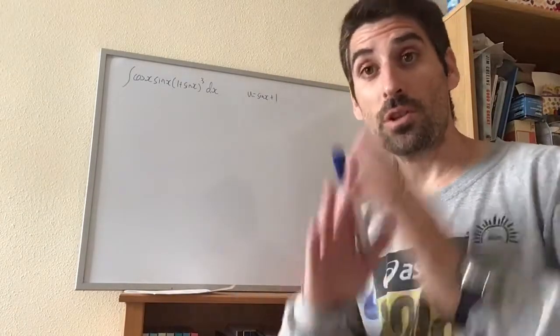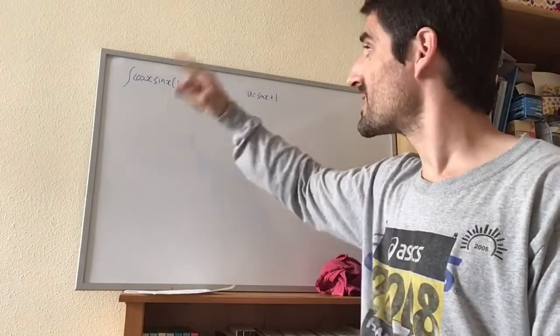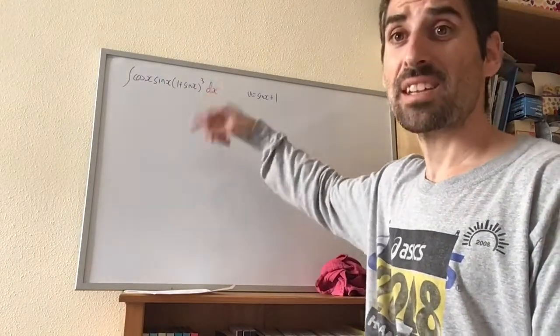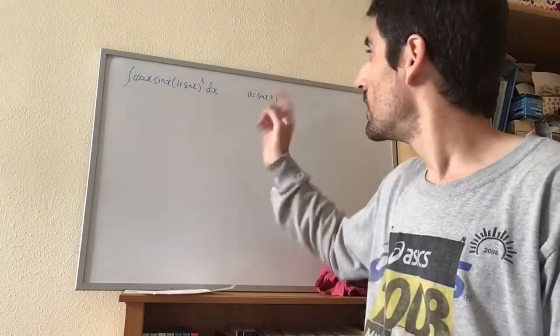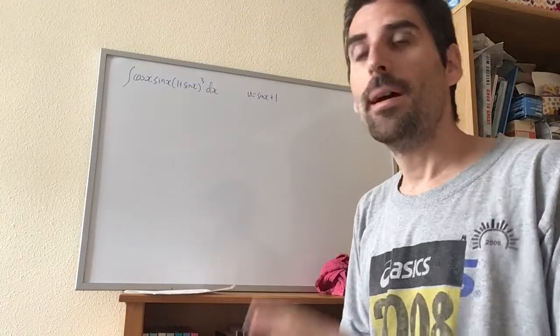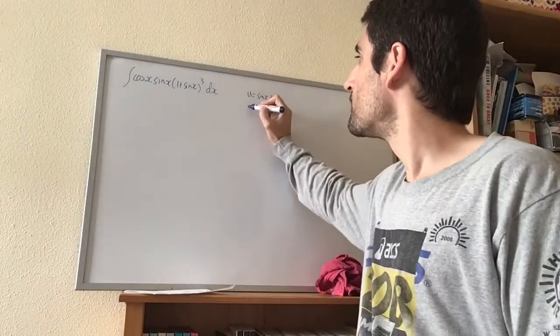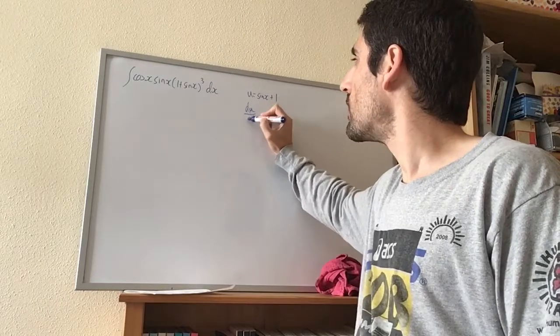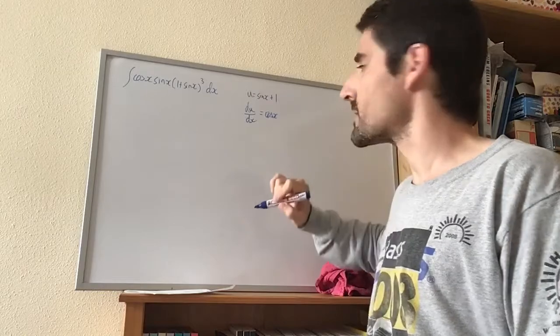Example number 2 looks like an absolute mess. Integrate cos x sin x times 1 plus sin x cubed dx. They tell me to use u equals sin x plus 1. The first thing we should do is find du over dx, which is cos x.